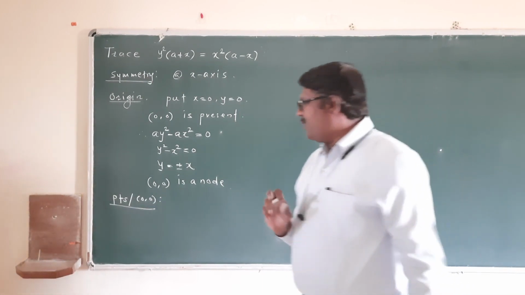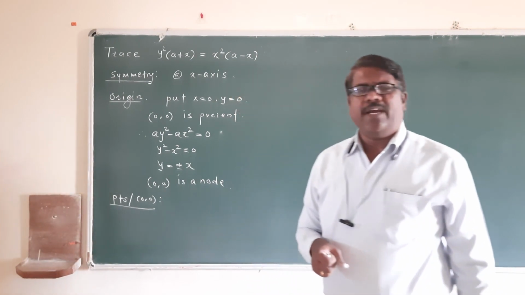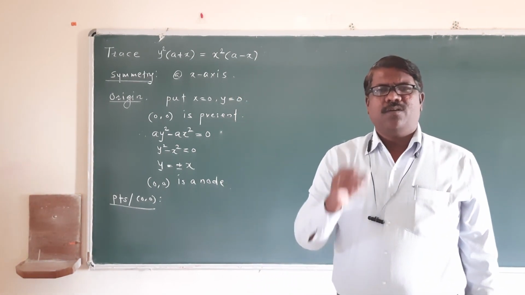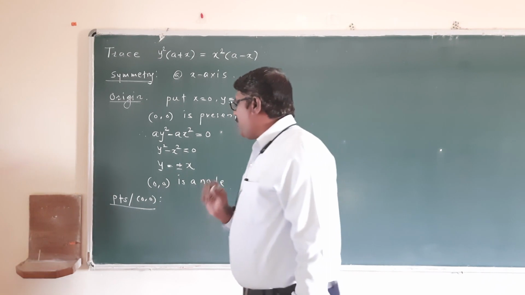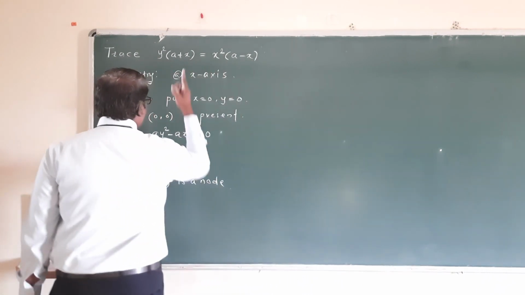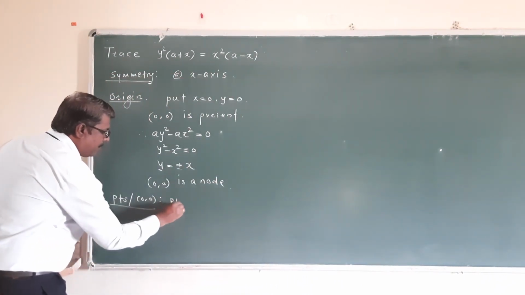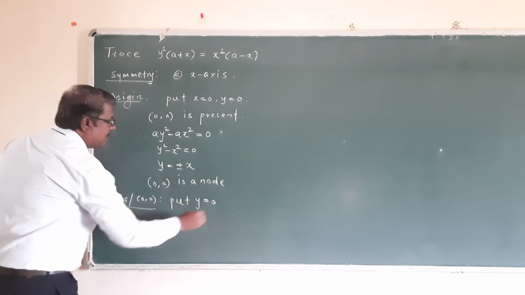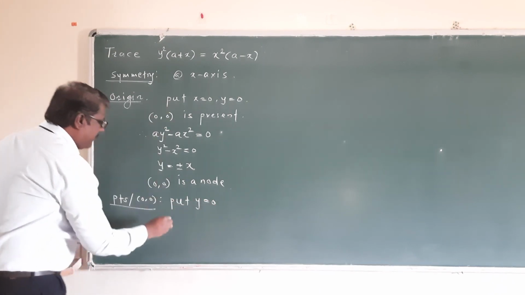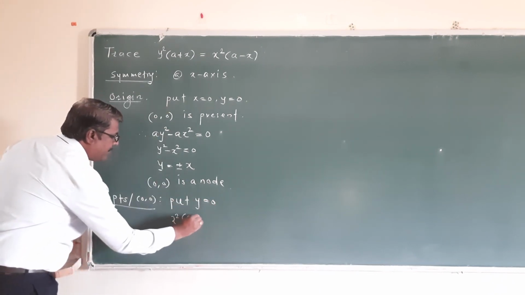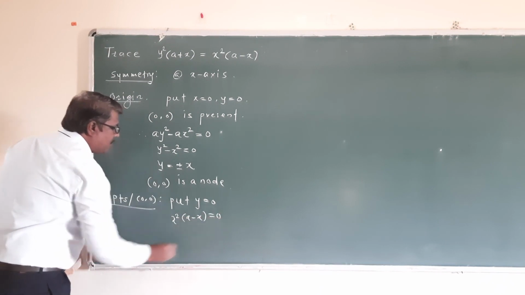To get point on x-axis, put y equal to 0. So when y is 0, what we will get? x square into a minus x is equal to 0.